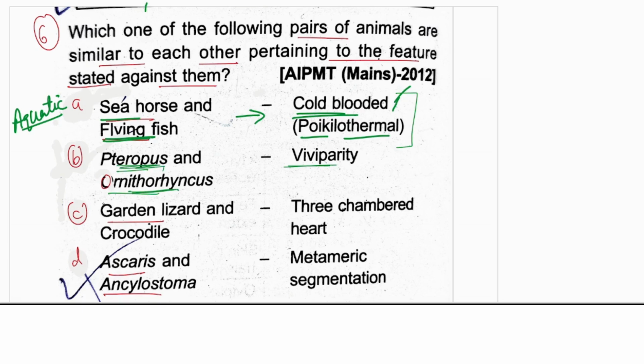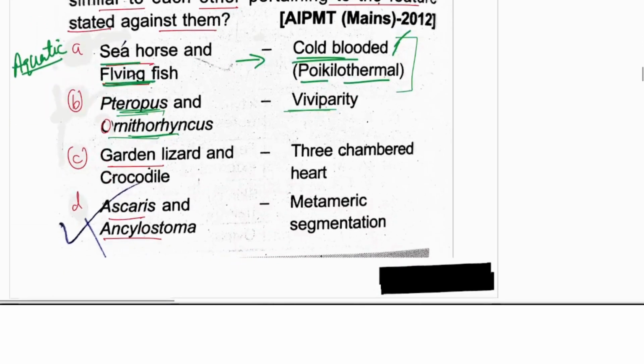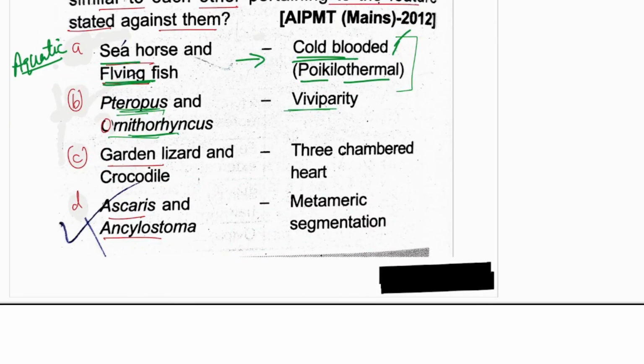So on that basis we can say it is not absolutely correct. Next is the garden lizard and the crocodile. Crocodile will not have a three-chambered heart, it is incorrect. Ascaris and Ancylostoma are showing metameric segmentation. Ascaris is actually from Aschelminthes, right?